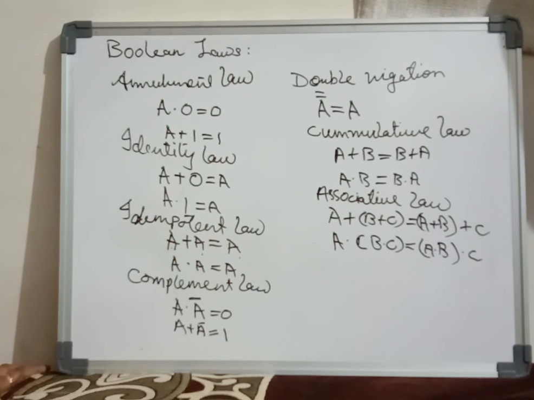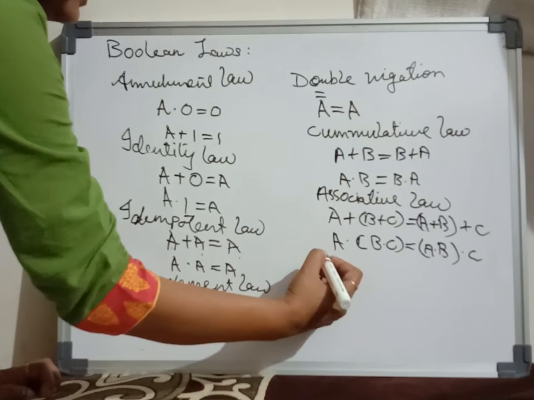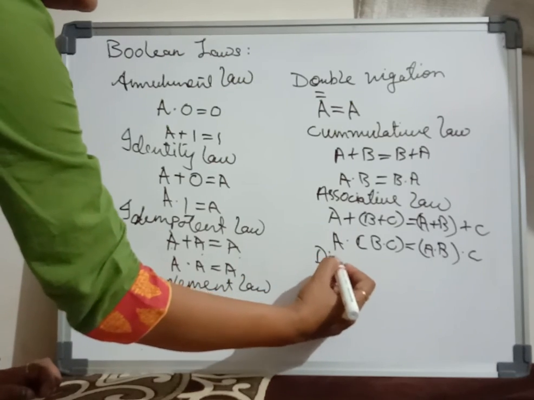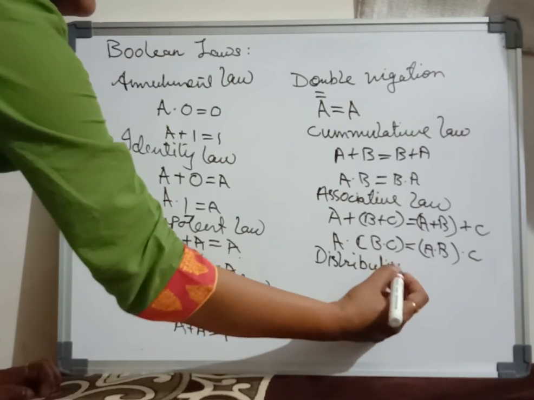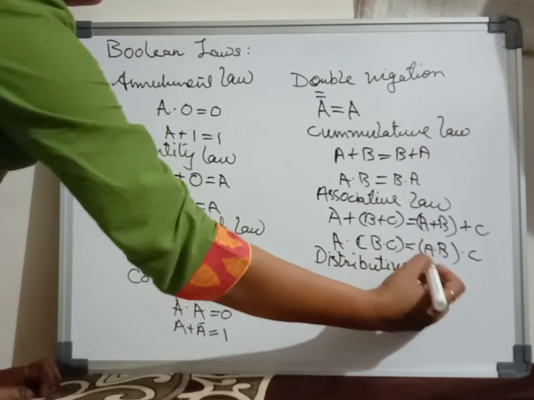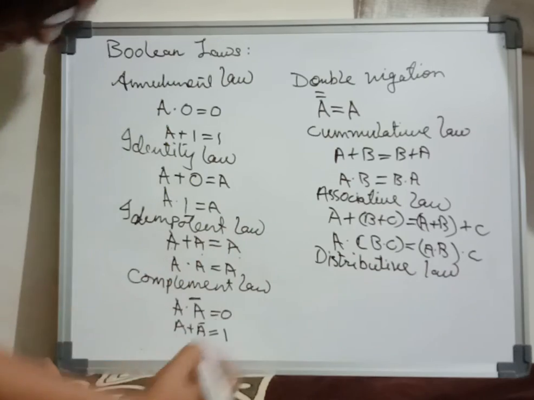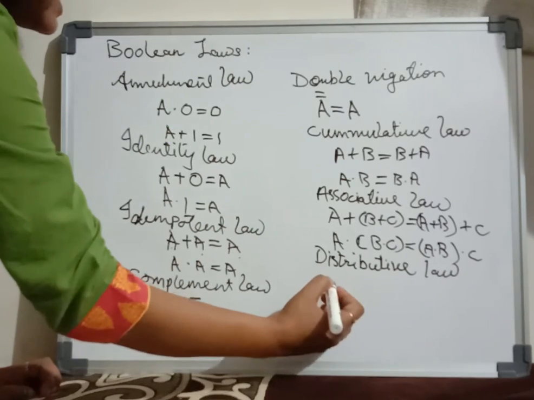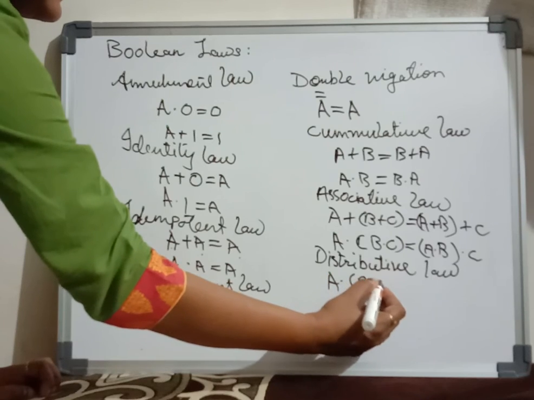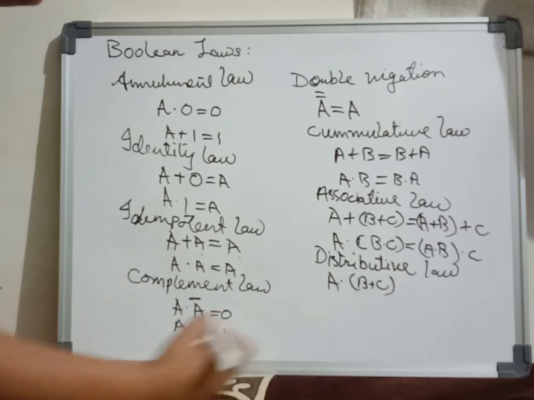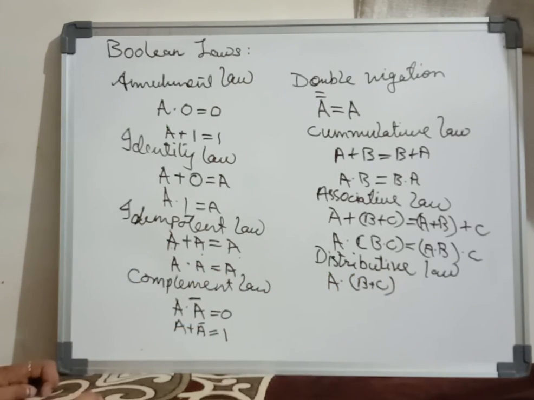The last law that we are going to study is distributive law. In distributive law, suppose we have A dot B plus C. Simply what we are going to do? We are going to distribute this thing.